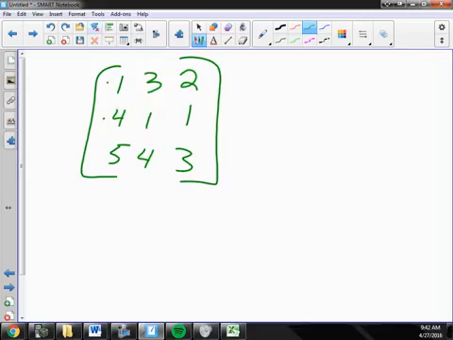Then I get row 3. So this is really row 1, row 2, and row 1 plus row 2. Do I have 3 independent vectors? No. I need a row 3 in there somewhere that doesn't rely on something else.